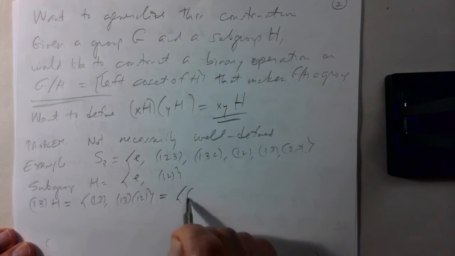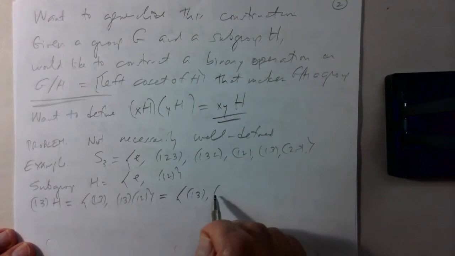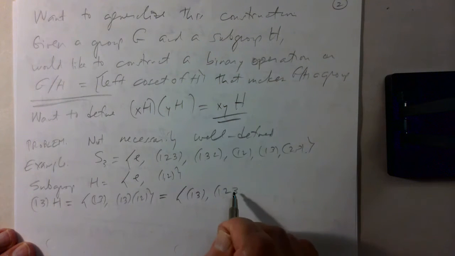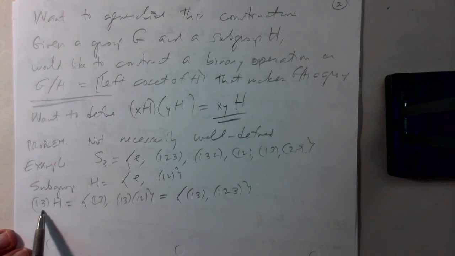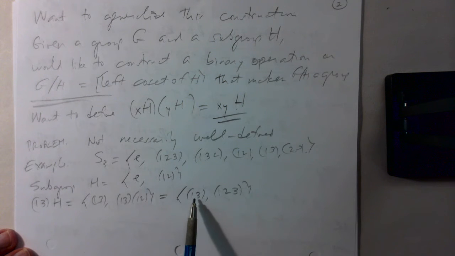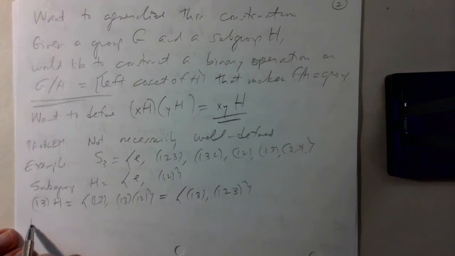When you multiply (1 3) by (1 2), 1 goes to 2, 2 goes to 3, and 3 goes back to 1. So this left coset consists of the transposition (1 3) and the 3-cycle (1 2 3).